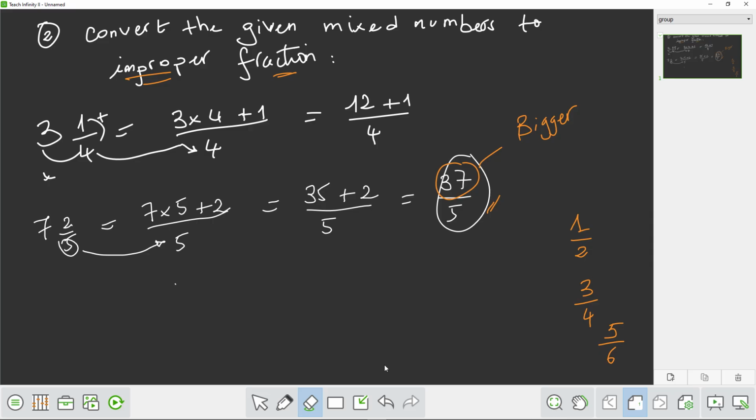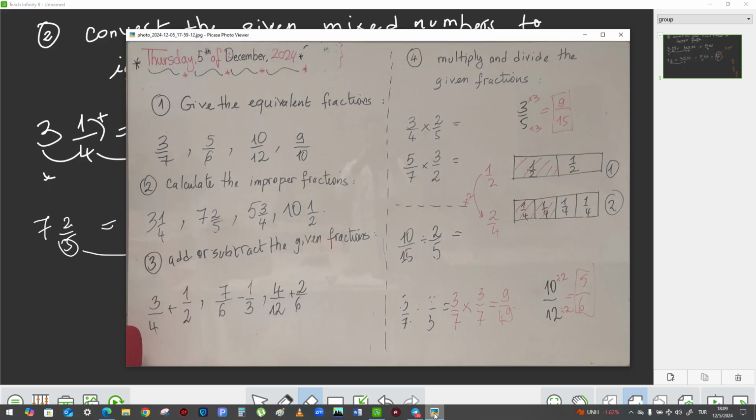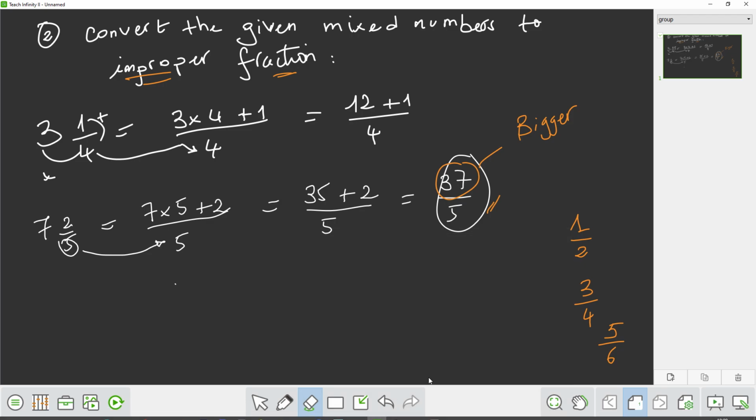Alright. The same thing you do for the others. You want to take another one? Let's take, for example, the last one. 10 and 1 over 2.